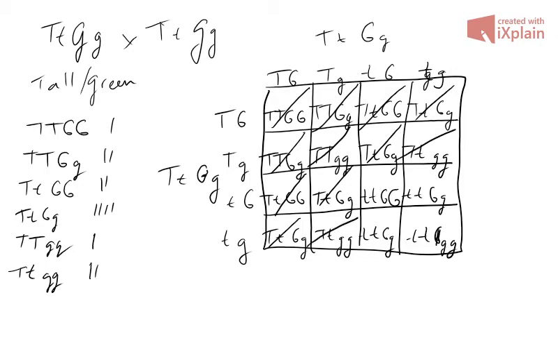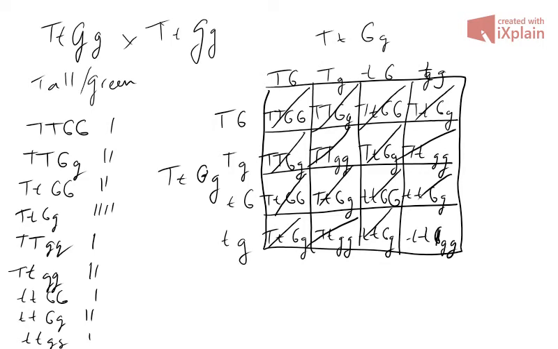So we have two of those. And two little t's, two big G's. We have one of those. Little t, little t, big G, little g. We have two of those. It's right there and right there. And then little t, little t, little g, little g. We have one of those. So that's our whole Punnett square.